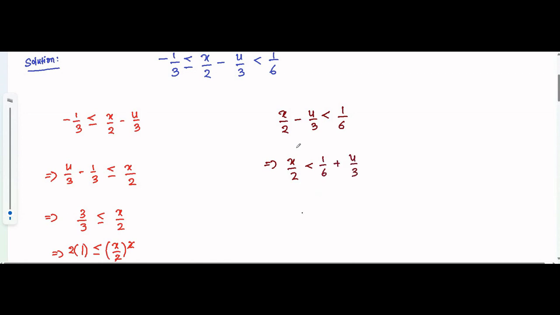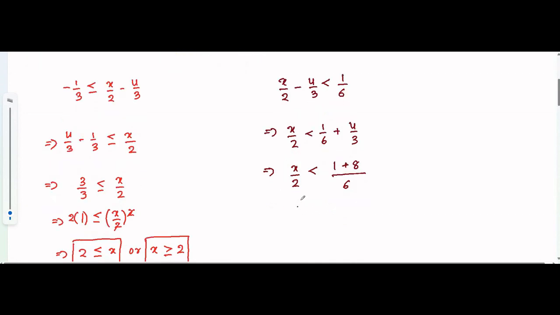Okay, so that implies x by 2 is less than, the LCM is 6, so 1 plus 8, that implies x by 2 is less than 9 by 6.